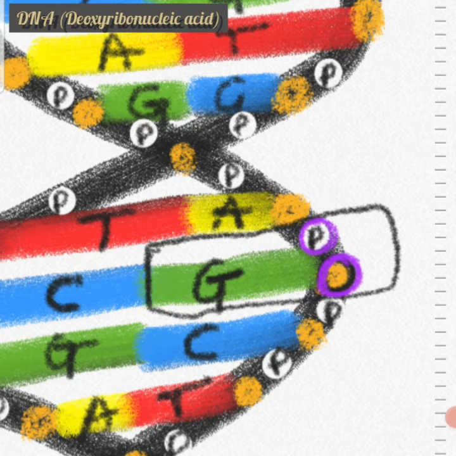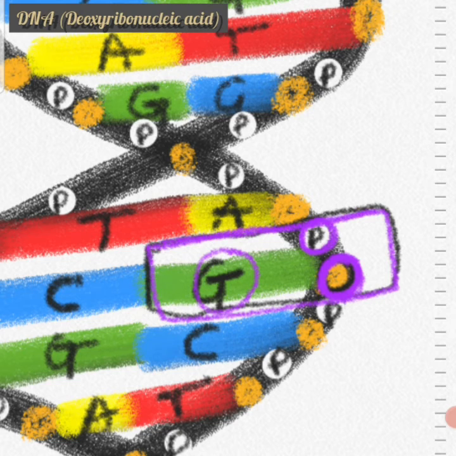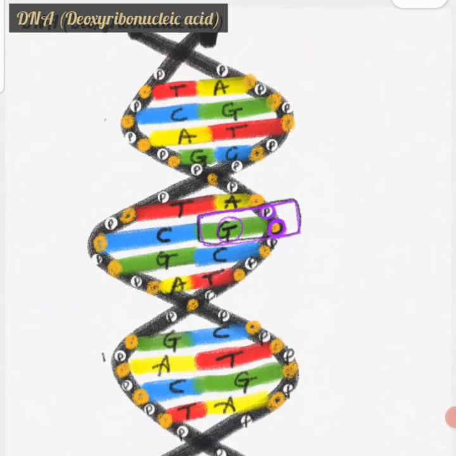So in the structure of a nucleotide, a molecule of a nitrogenous base and a phosphoric acid are joined to a pentose sugar, and in this way it forms a nucleotide. And in a DNA molecule there are a number of nucleotides present.